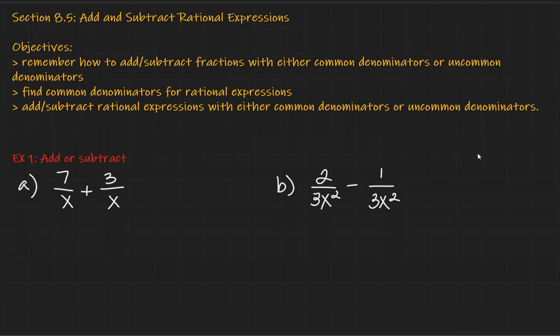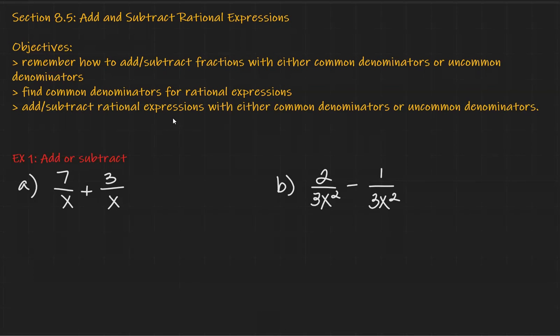Then we're going to find common denominators for rational expressions. How do we do that when there are variables involved? And then we're going to do what 8.5 tells us to do: add and subtract rational expressions with either common or uncommon denominators.